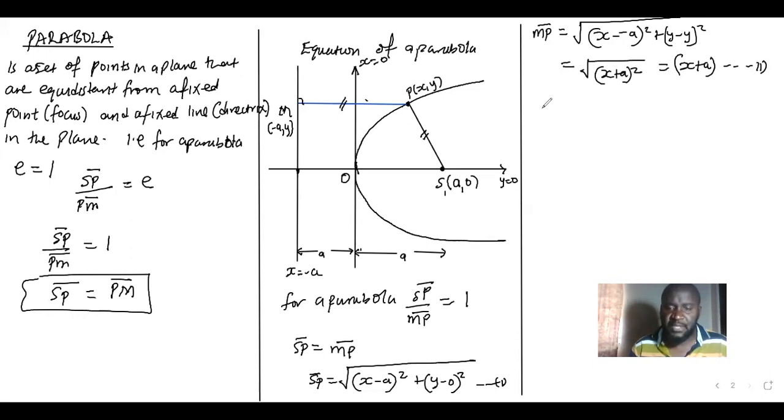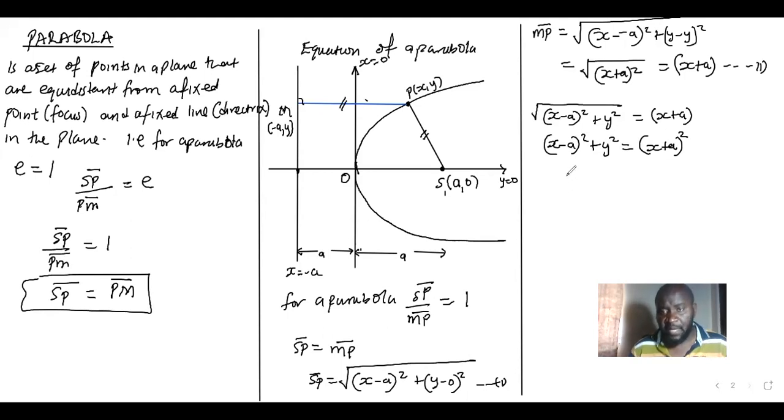Now, from our equation 1, which is SP, we are seeing that SP is the root of x minus a squared plus y squared is equal to x plus a. In this sense, you can square both sides and have x minus a squared plus y squared is equal to x plus a, close brackets, to the square. When you make y squared the subject, you'll have y squared is going to be equal to x plus a squared minus x minus a squared.